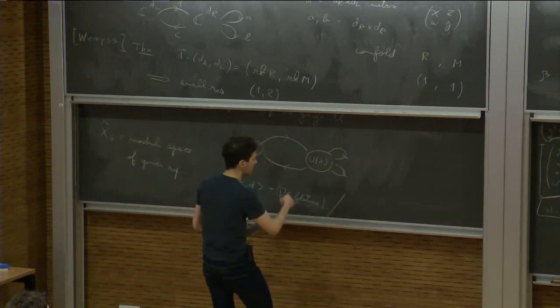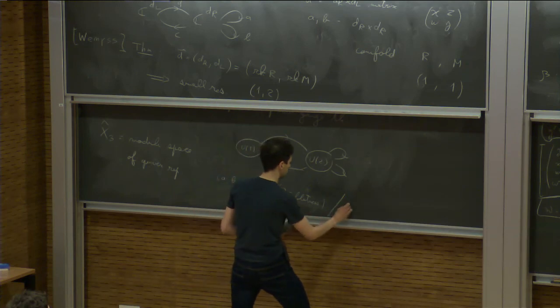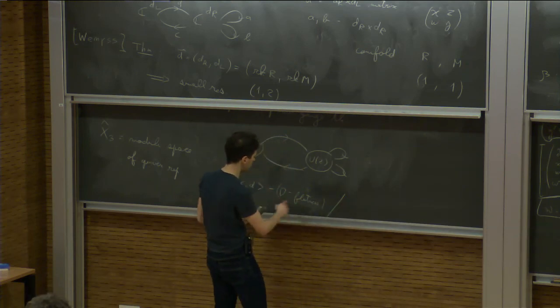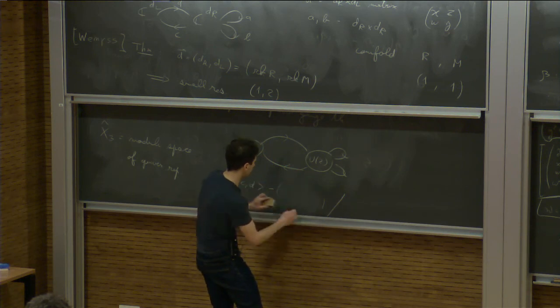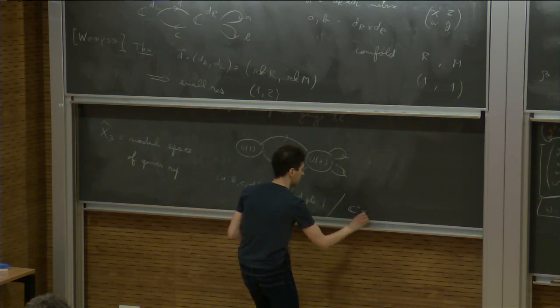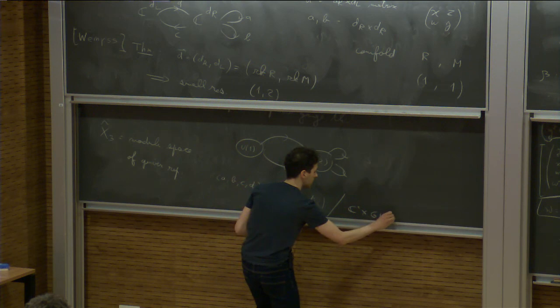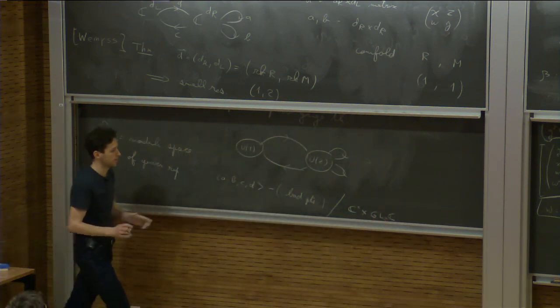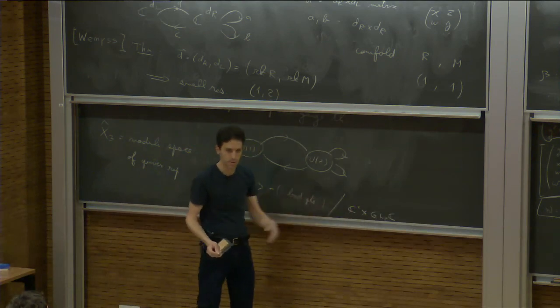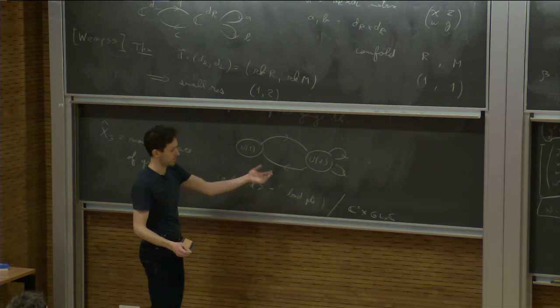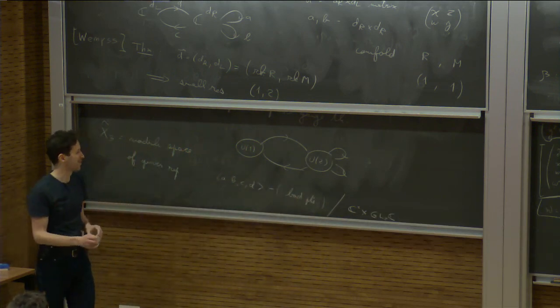And now you have to mod out by the complexified gauge group. You either remove some bad points or you impose D terms. If you just remove bad points, then you have to mod out by the complexified gauge group, which is C star by GL2C. Okay, so it's U1 cross U2, where there's an overall C star that drops out because no one is charged under it, and so on.